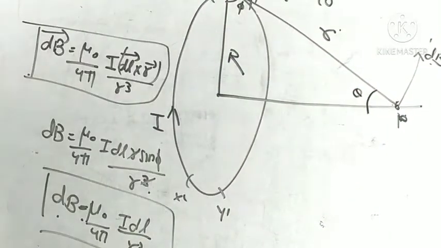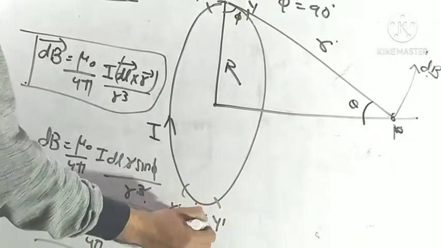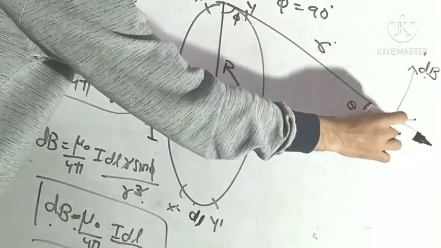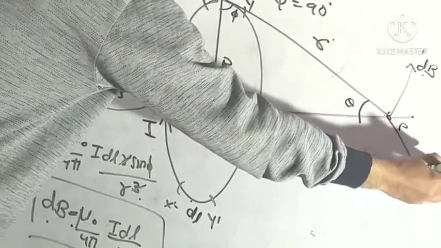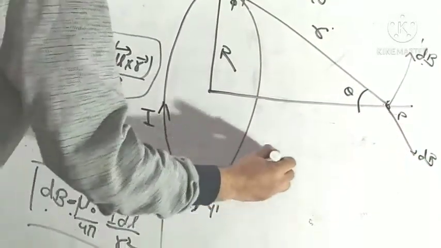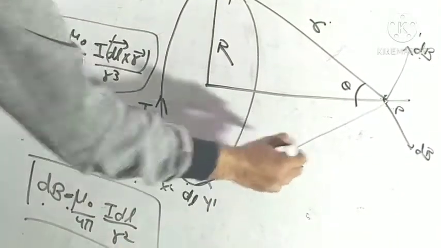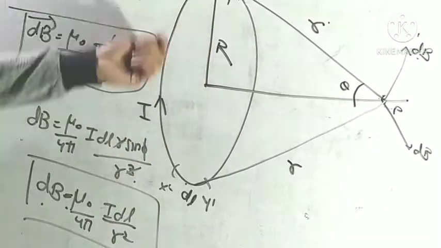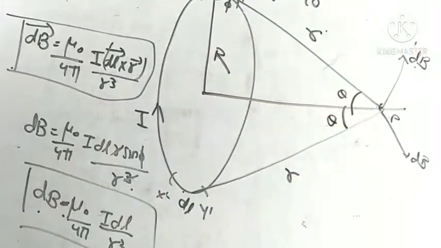Similarly, due to this element having the same length dl, the magnetic field at point P is also dB along this direction. The distance of point P from this small element X dash Y dash is also r, because this coil is symmetrical about its axis, so it also makes an angle theta.